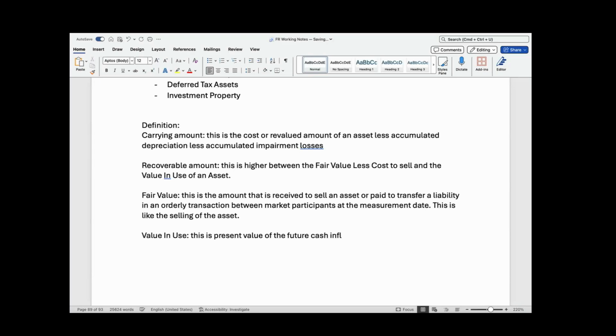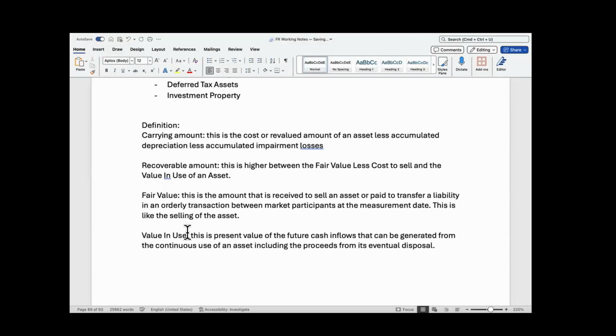Let me be specific: core cash inflows that can be generated from the continuous use of an asset, including proceeds from its eventual disposal.